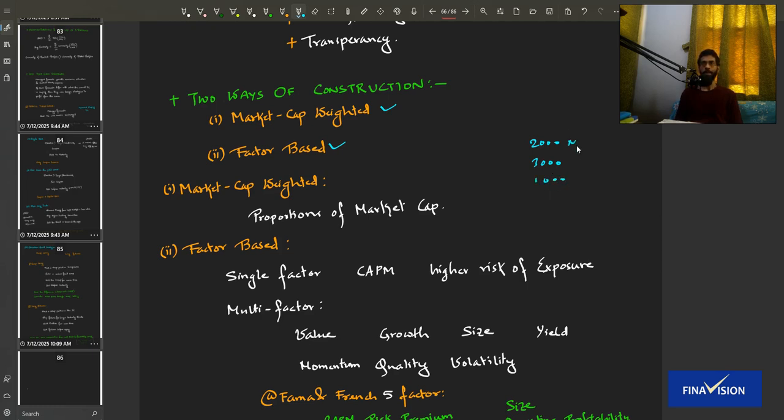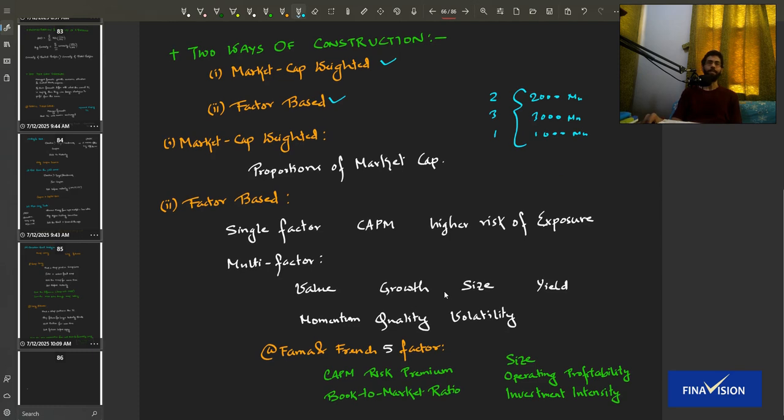These are figures in millions, let's say, right? Now, in a market cap weight index, the constituent proportions will be 2:3:1, right? If this is the way the weighing is done, then obviously we call it a market cap weight policy of construction of index, and thereby if a portfolio is following this kind of an index, that also should be ideally market cap weight, right?